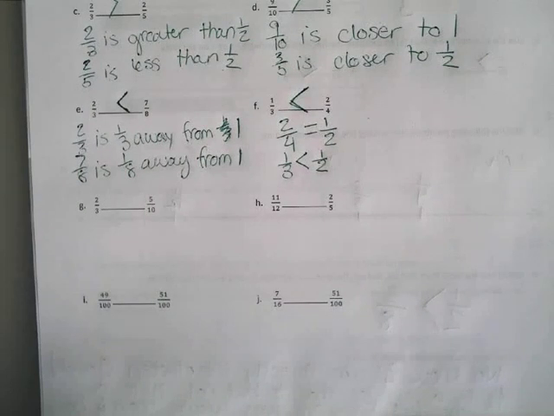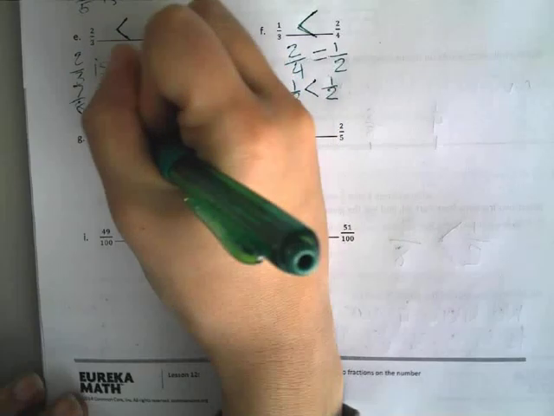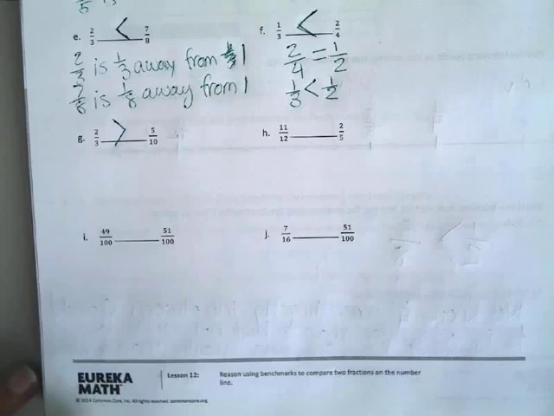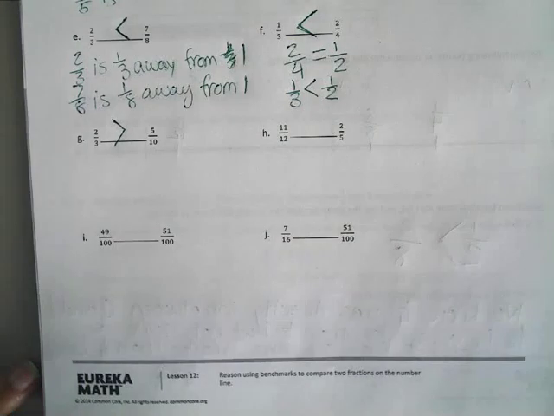All right, G, 2/3 and 5/10. What do we think? Matt? 5/10 is greater than or less than? Less than. 5/10 is less than 2/3, yes. 2/3 is our bigger number there. What's an explanation that we can give for that one?